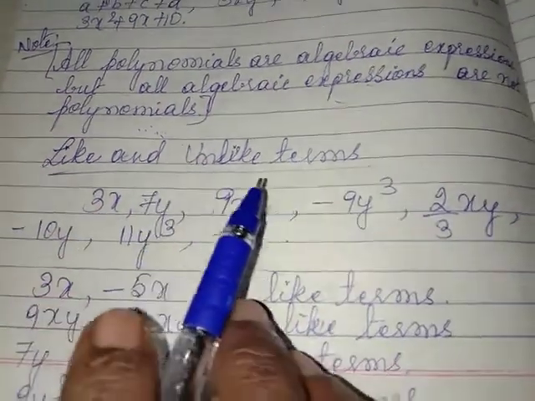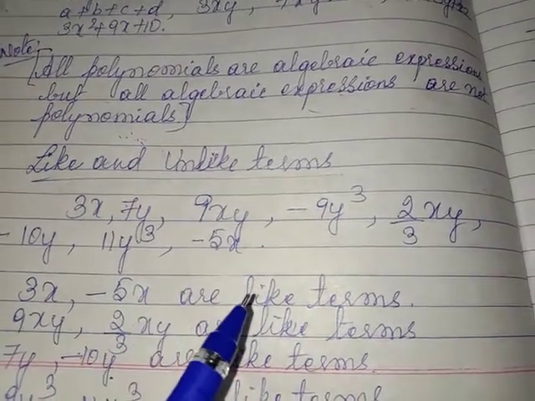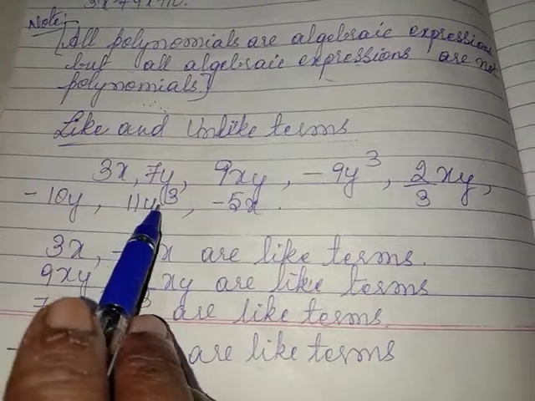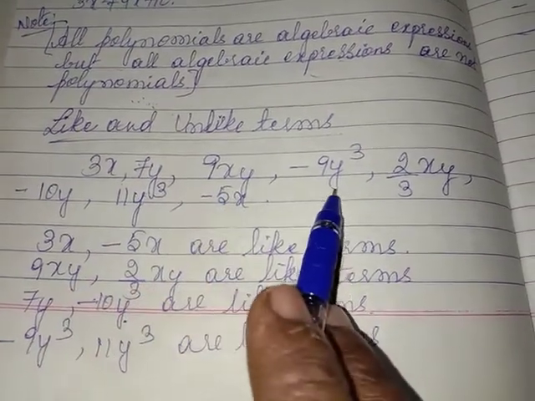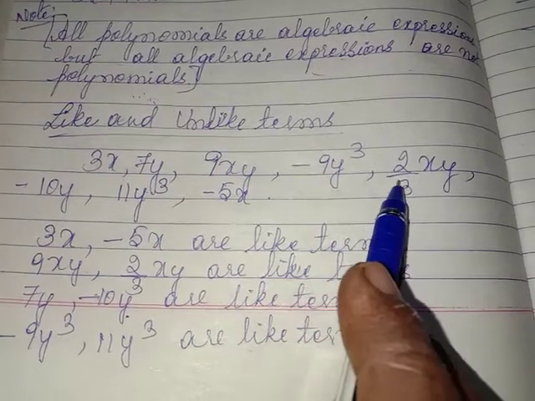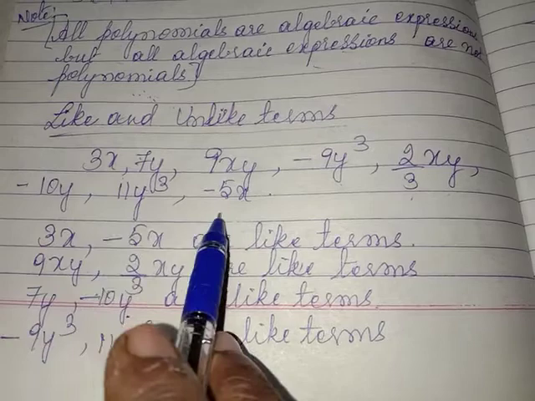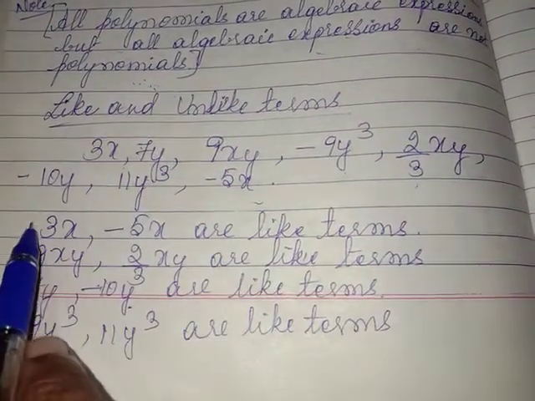Now let us see what like and unlike terms are. Here you can see 3x minus 7y, 9xy minus 9y cube, 2 by 3xy minus 10y, 11y cube minus 5x. In this we have many terms.